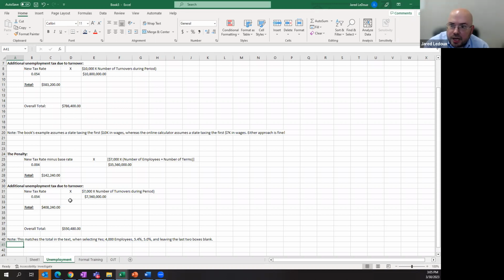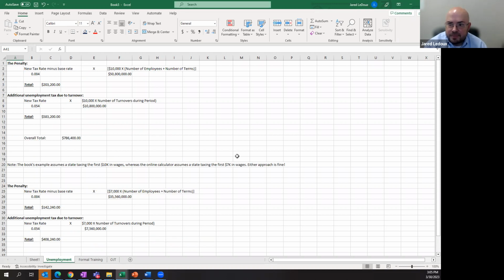In this case, it's telling you that for Ups and Downs, the turnover rate increased from 5.0 to 5.4. The text goes over two components of this expense to the organization. One, there's the penalty, which is the increase in the unemployment tax rate. It went from 5% to 5.4%.